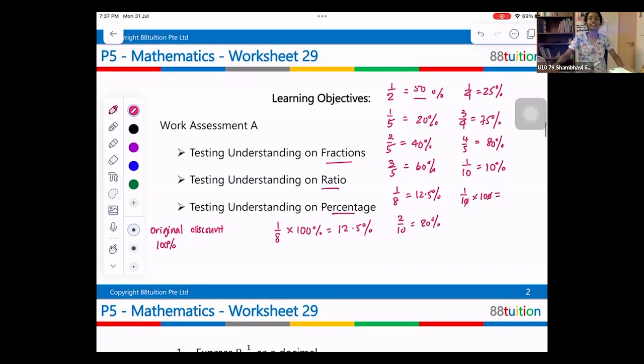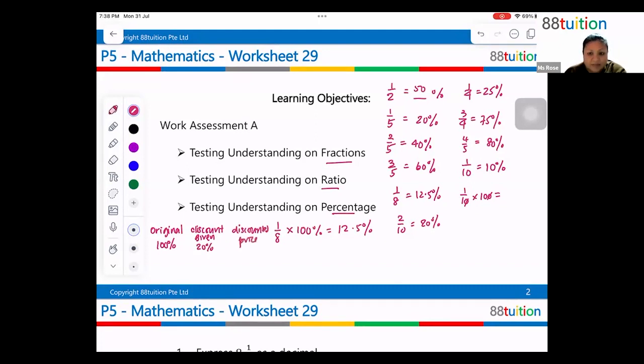Now, if the discount given is 20%, what is the discounted price based on?